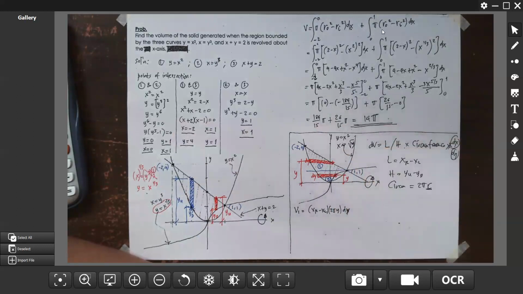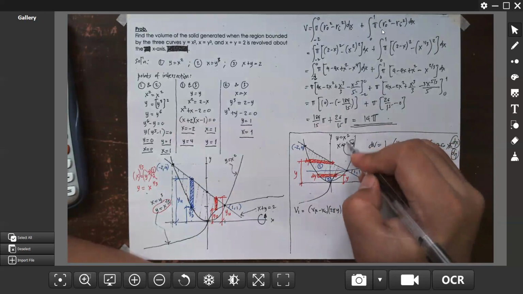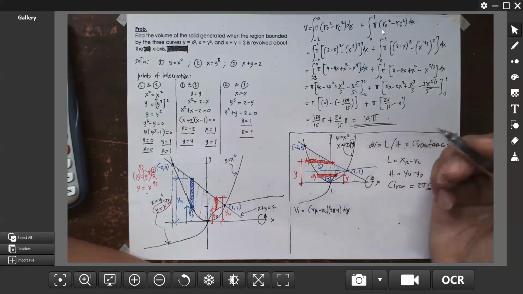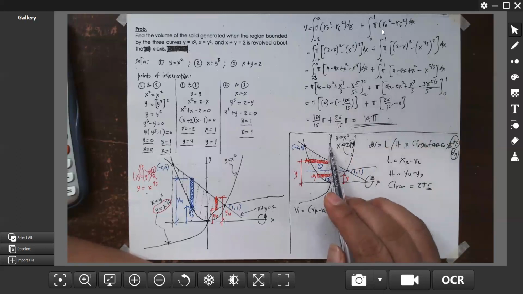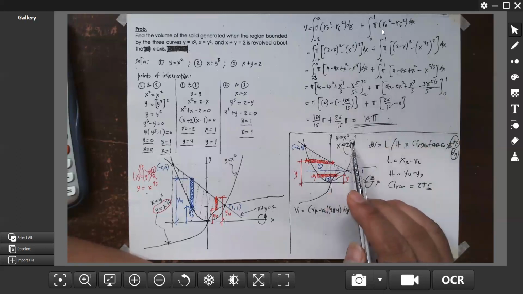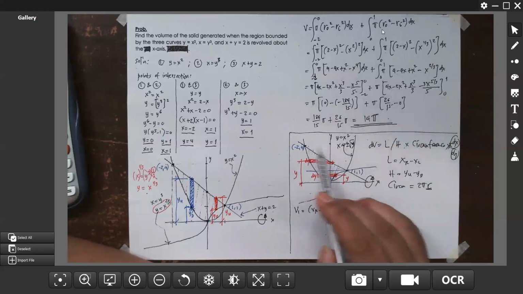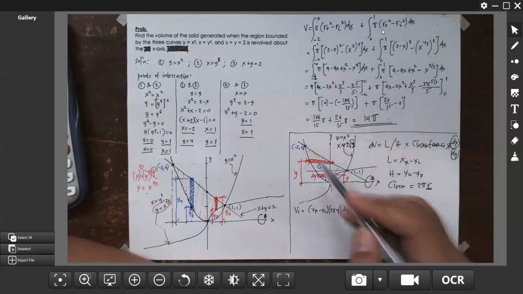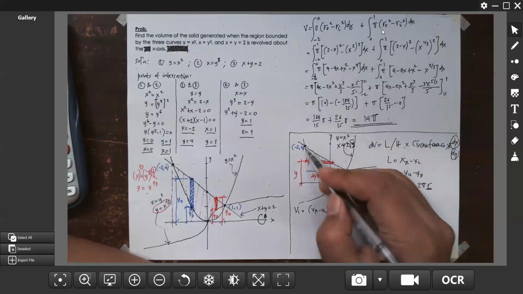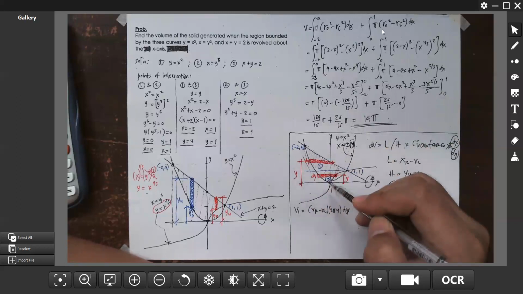But with a square root, there are two values of x, plus or minus. Like for this one, if y equals 4, x is plus or minus 2. So you have x positive 2, x negative 2. Since we are considering this one, the value of x on this side is negative.